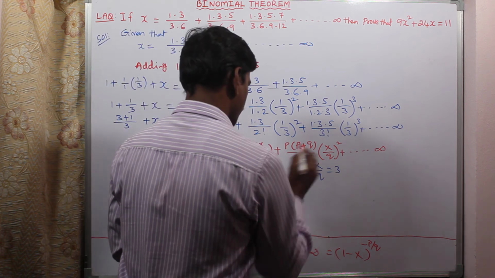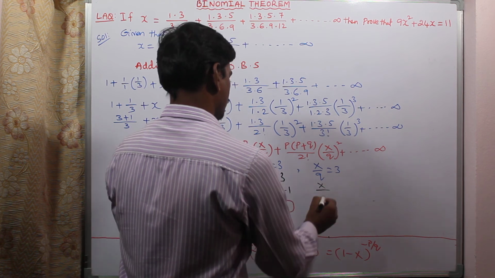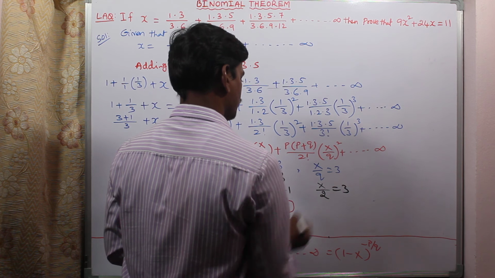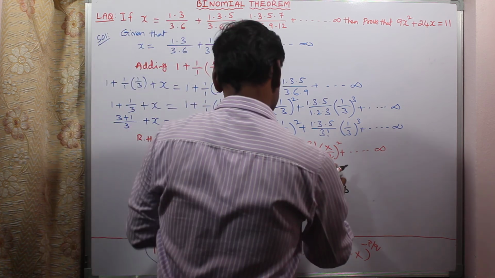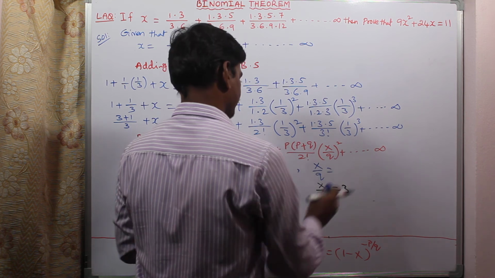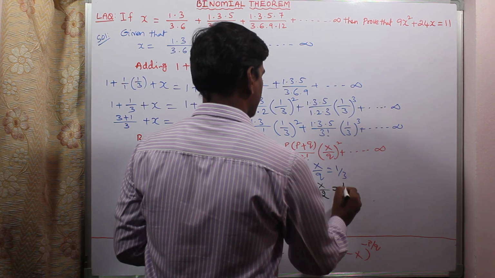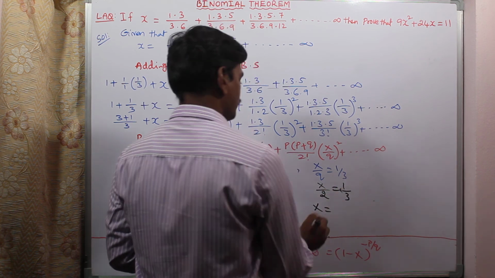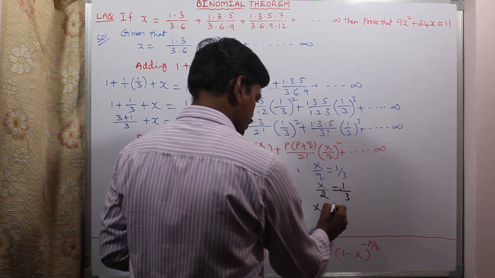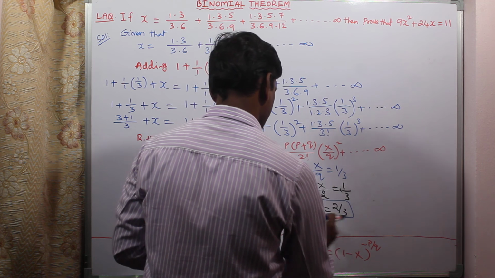Next, by substituting the q value here, we can find X. X by 2 equals 1 by 3. X by q is 1 by 3. So X by 2 is equal to 1 by 3. X is equal to, on shifting the division by 2, it becomes into 2. So 2 by 3. The X value we got is 2 by 3.